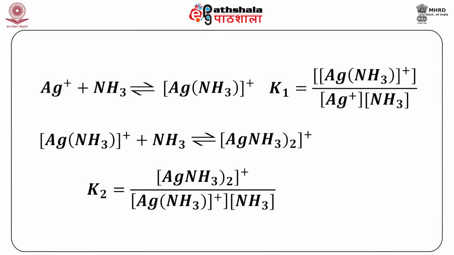For example, the formation of diammine silver complex in aqueous solution is given by this equation. In this case, the order of stability constants will be K2 greater than K1 because the silver ion gets hydrated and exists as the Ag(H2O)4 complex.